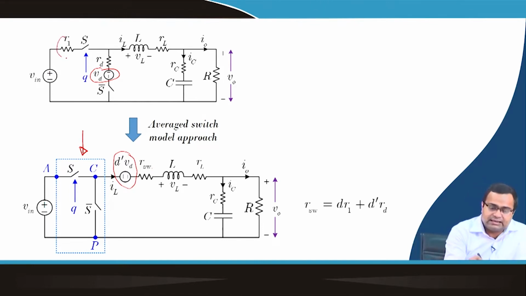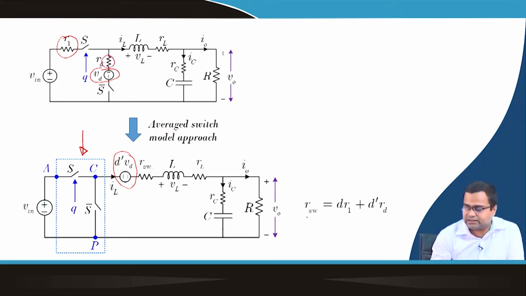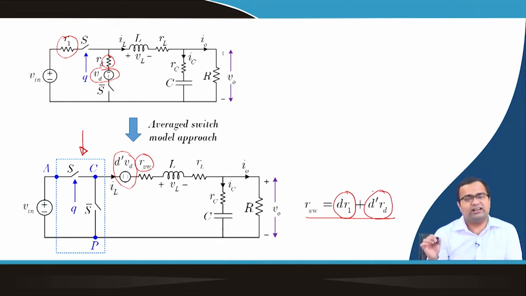This resistance is activated during the on time and this resistance during the off time. That is why this effective resistance is a combination of D into R1 plus 1 minus D into RD. So I can separate out this term and make this switch ideal.